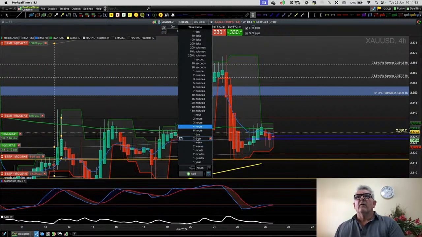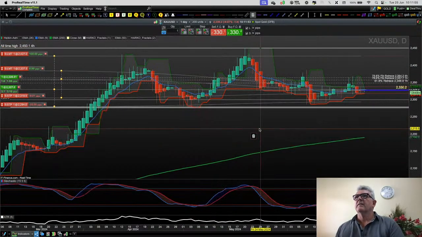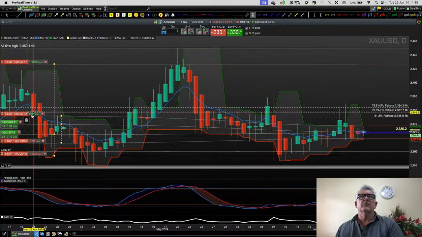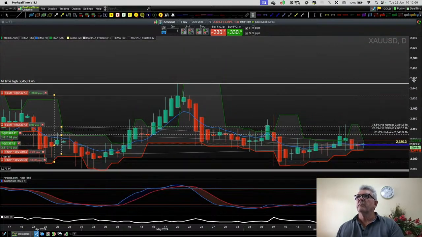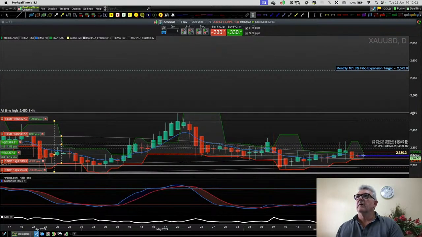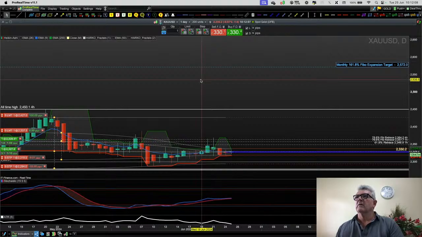What I'm looking for here is the market to, tongue-in-cheek, everyone in my trading room knows that I've got a monthly Fib of 25.76 to head for. That is some contracts that we're looking at.